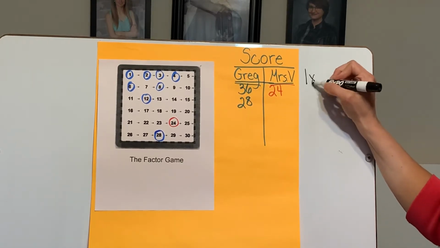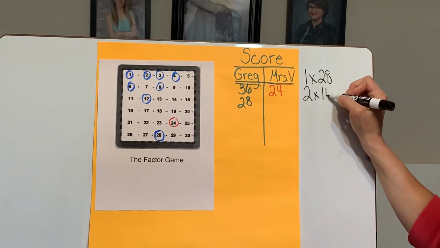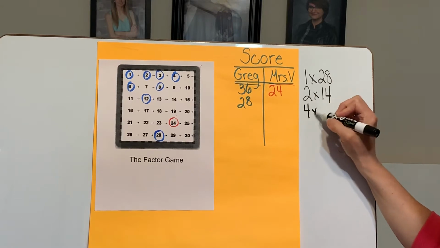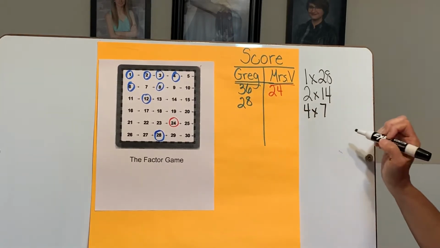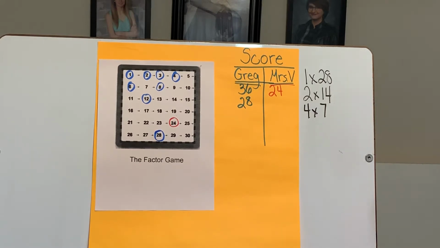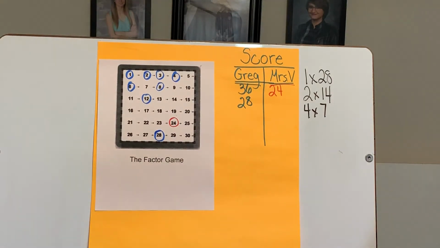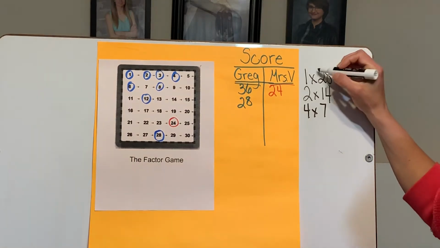Okay? So now I have to determine all of the proper factors of 28. So I've got 1 times 28, 2 times 14, 4 times 7, 5, 6, 7. Okay, so then I'm back to the top again. So I am going to circle, and I cannot use 28 because I'm only using proper factors.